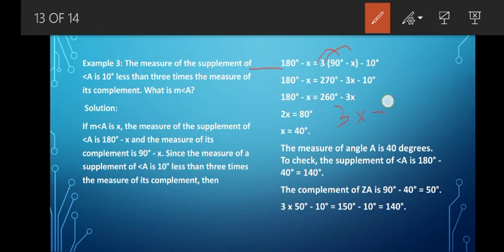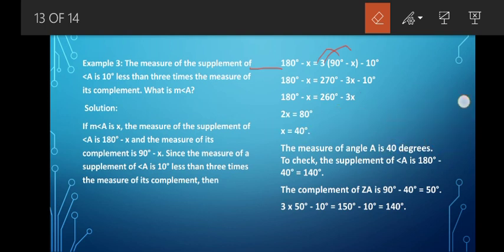Then, minus X equals 260 degrees minus 180 degrees. Ganyan. 3X minus X is 2X lang ang natira. Tapos, 260 degrees minus 180 degrees equals 80 degrees.